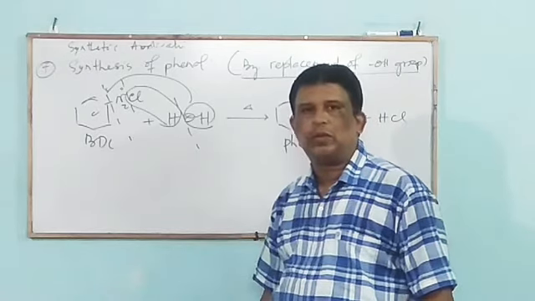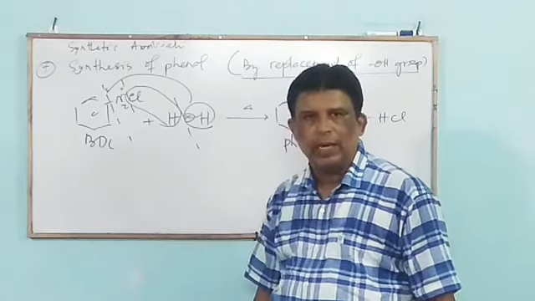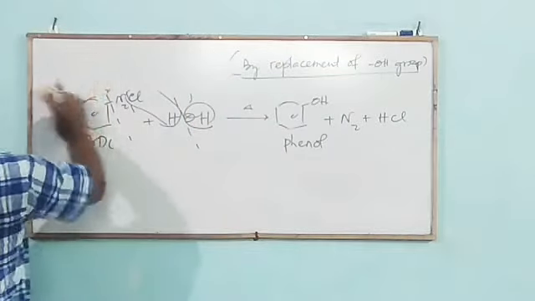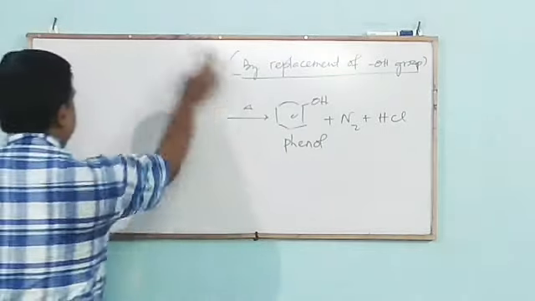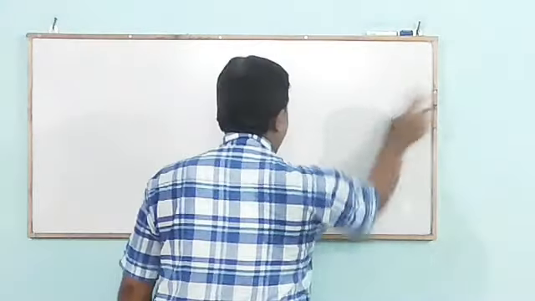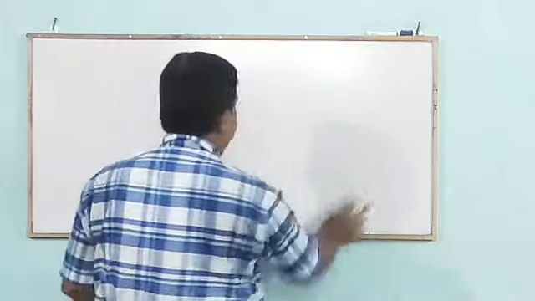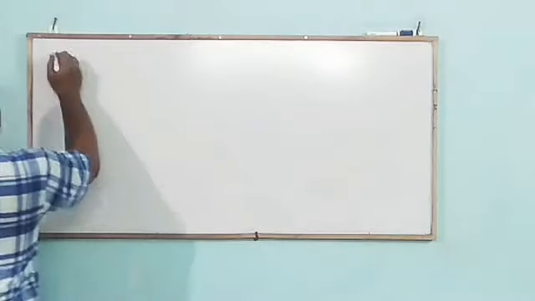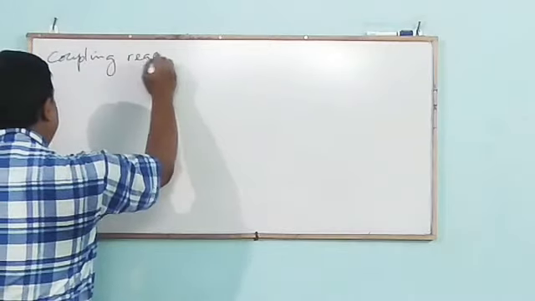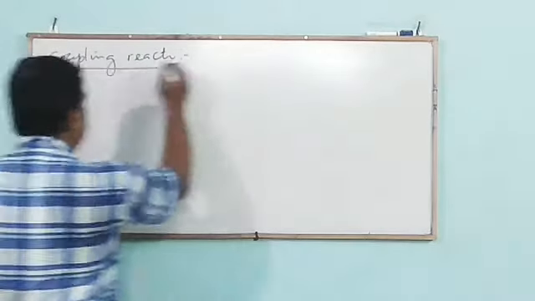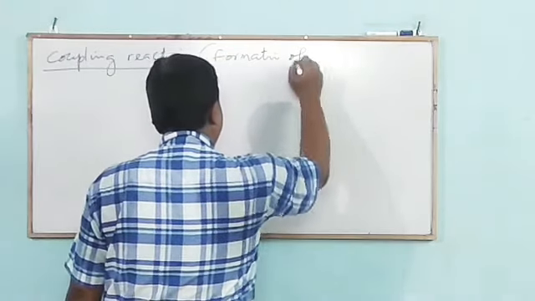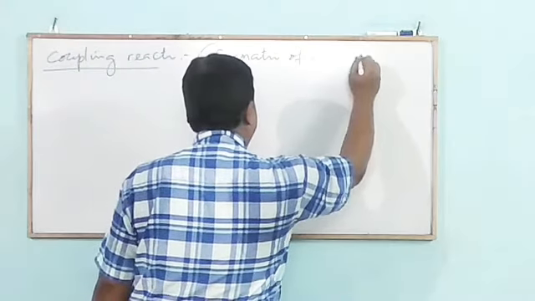Next, the last one is coupling reaction. Under the heading of synthetic application, the last one is coupling reaction. In part 1 of this chapter, that is in amines, we discussed this coupling reaction. What is coupling reaction? It means formation of azo dye.